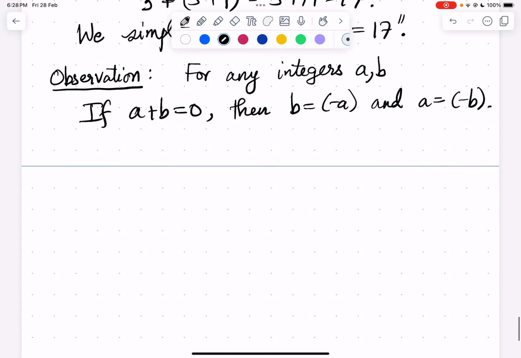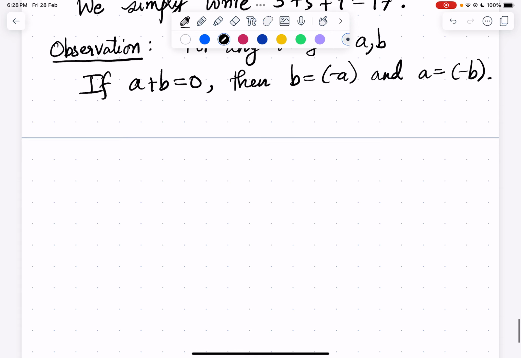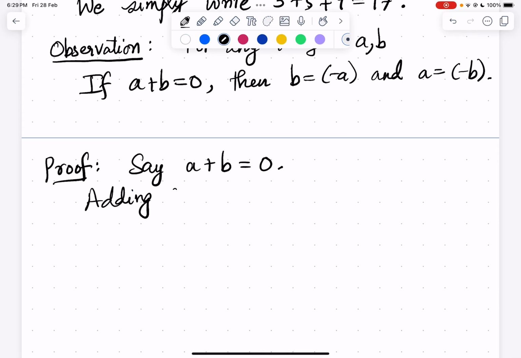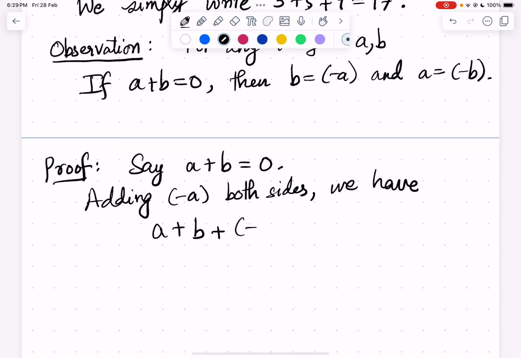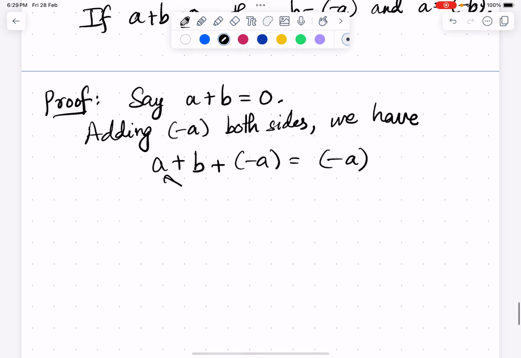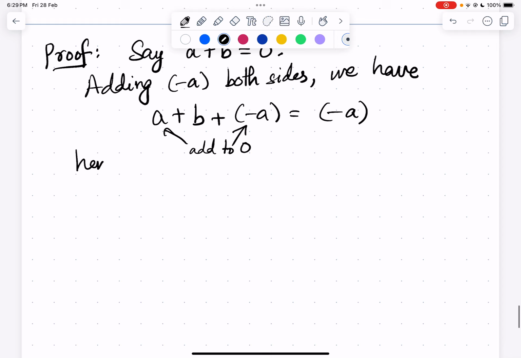So we can give a proof of this. Say a plus b equals 0. Adding minus a both sides, we have a plus b plus minus a equals minus a, and these two add to 0. Hence b equals minus a.